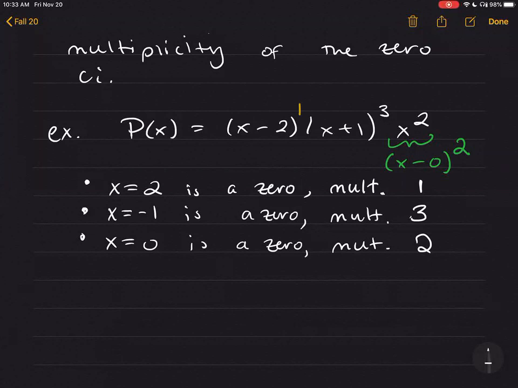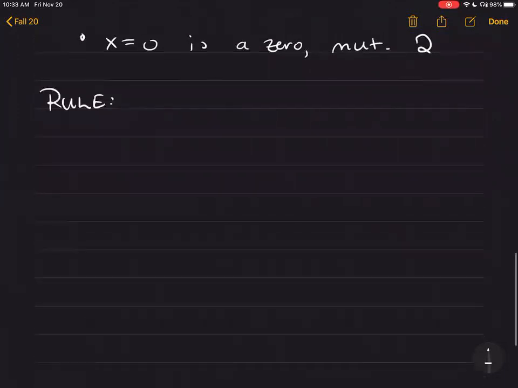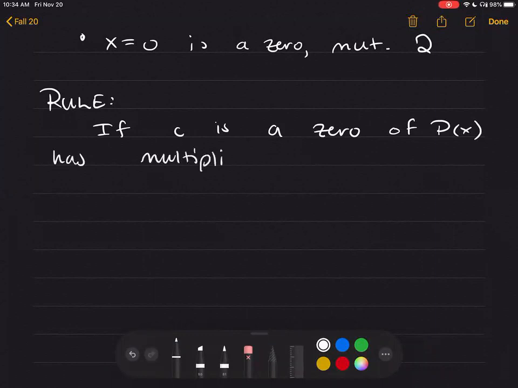They actually help us graph the polynomial function by telling us what the shape of the graph will be around the root. So here is our rule. Let's say c is a zero of some polynomial function p of x, and it has multiplicity m.